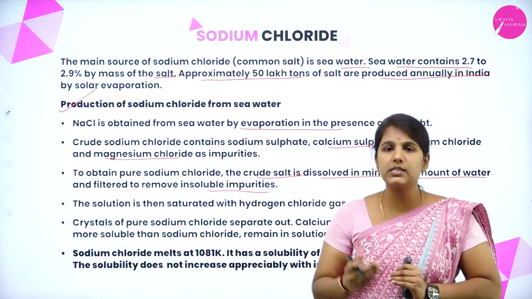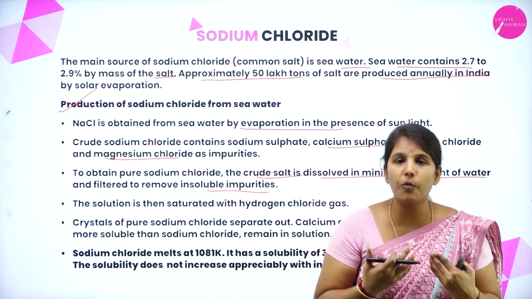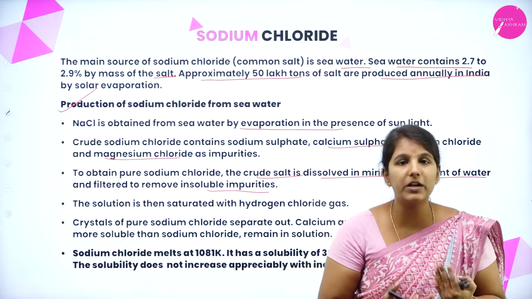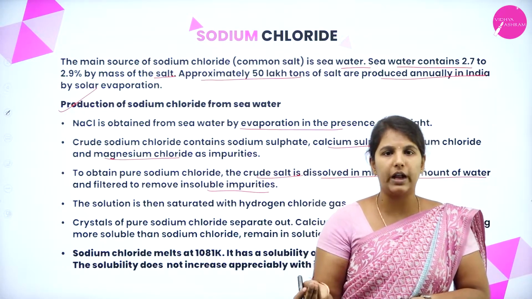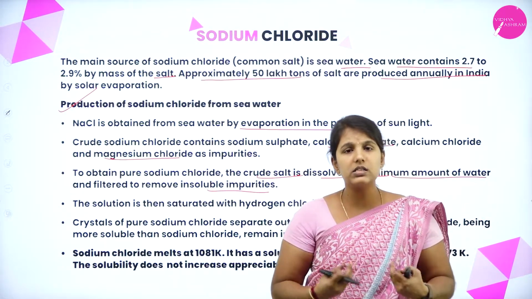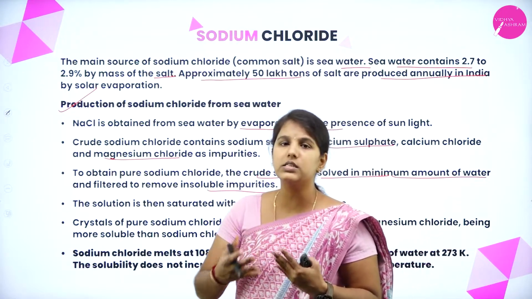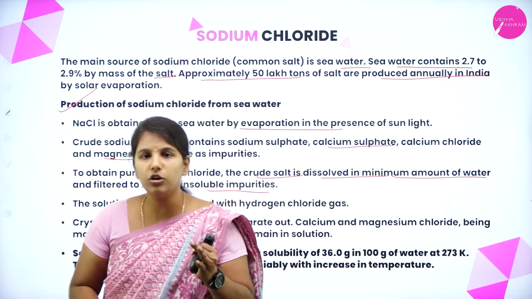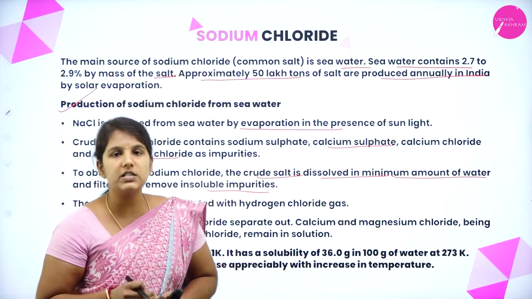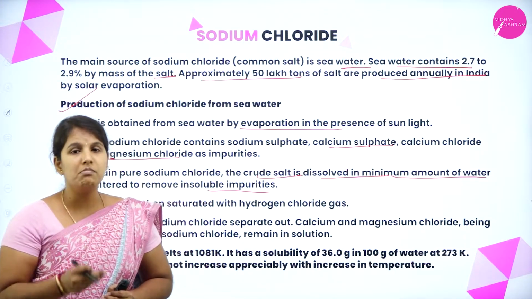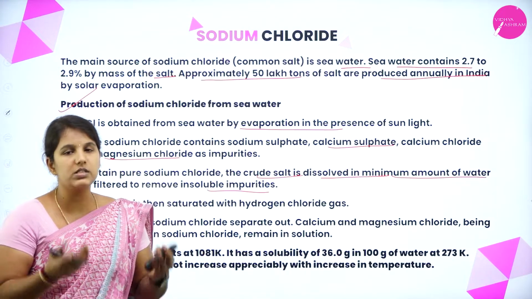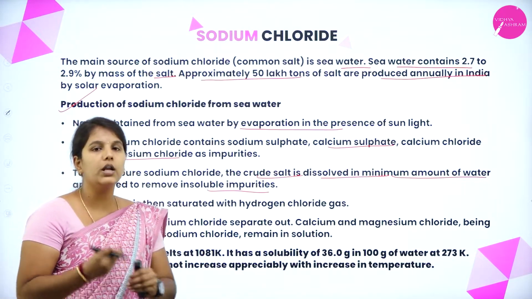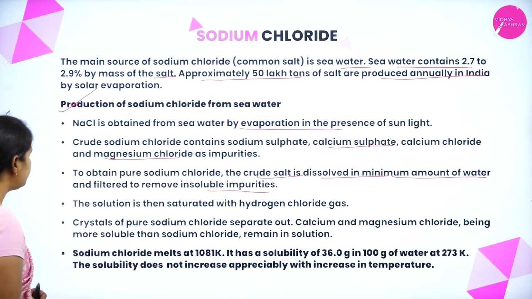So, once you collect the seawater, they will do the evaporation. If you do the evaporation in the presence of sunlight, you will obtain crystals of sodium chloride. We know these crystals also contain many impurities. In order to remove these impurities, they dissolve them in only a minimum quantity of water and filter to obtain pure sodium chloride.